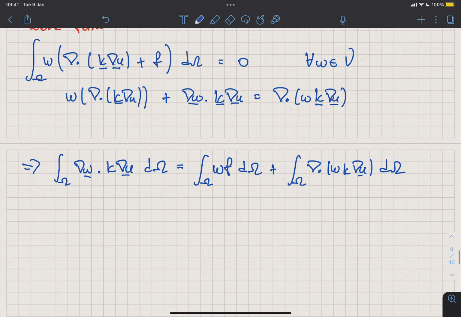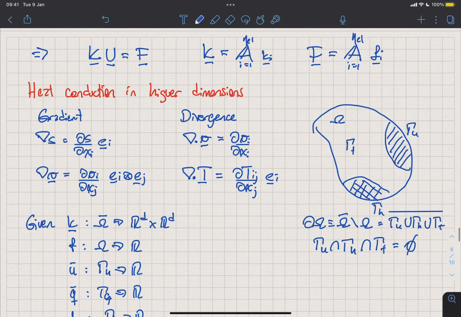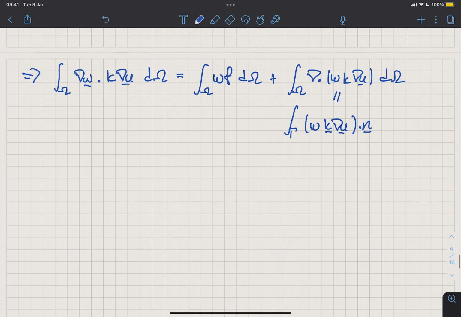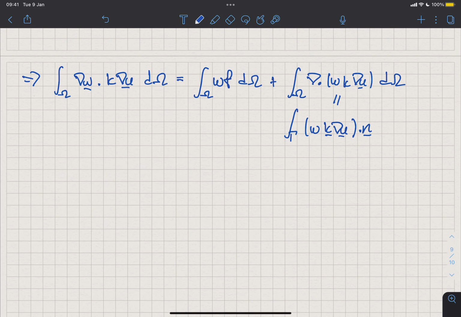So when we do that, this is going to be equal to the integral over the boundary of W K grad u, which is an internal quantity, dotted with the normal vector, which I forgot here, but of course this boundary is going to have some normal vector field n. And of course I'm no longer in omega, I'm on gamma, so I'm now doing the integral on a lower dimensional manifold, no longer the volume, this is a surface.